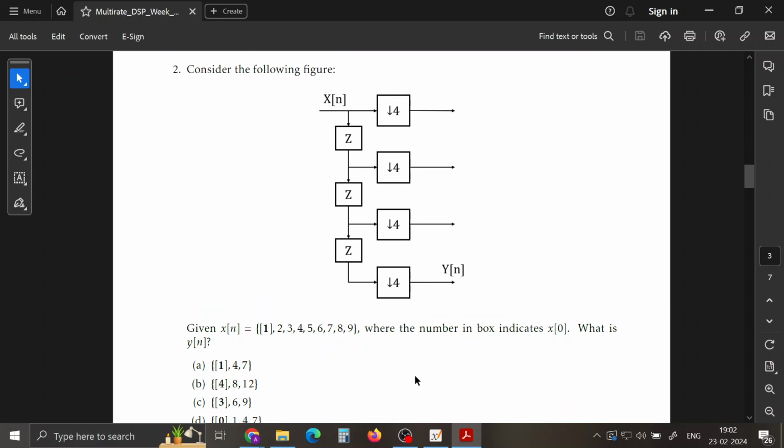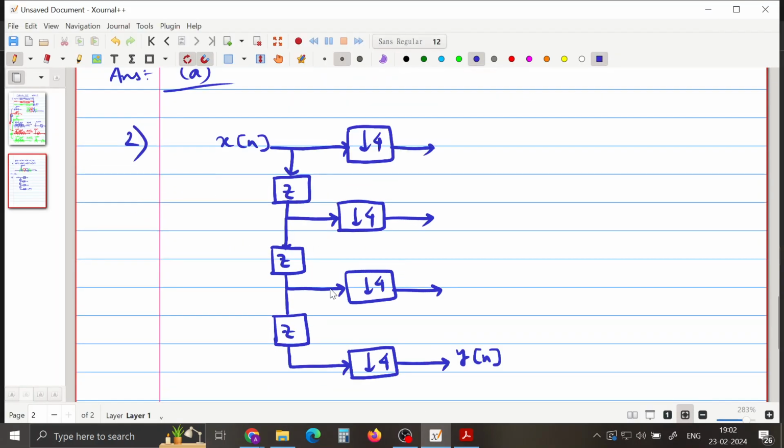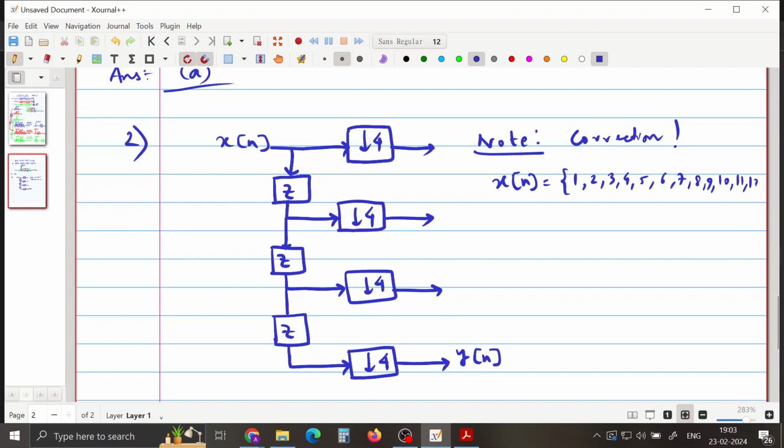Okay, and by the way, there is a small typo here. The input sequence x of n, it's not up to 9, it's actually a 12 length sequence. Just make a note of it. Correction: x of n is basically 1 2 3 4 5 6 7 8 9 10 11 12.